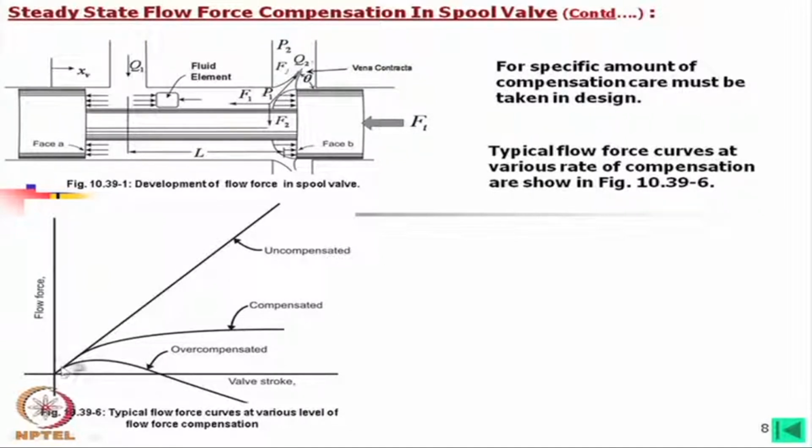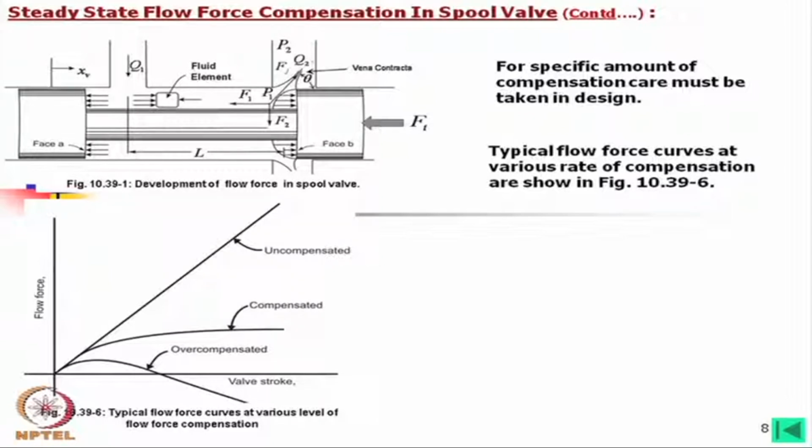Now, this, say for example, negative port, sometimes it may become overcompensated. Overcompensated has difficulties, because due to this flow force, in that case it is trying to open. What are we giving?